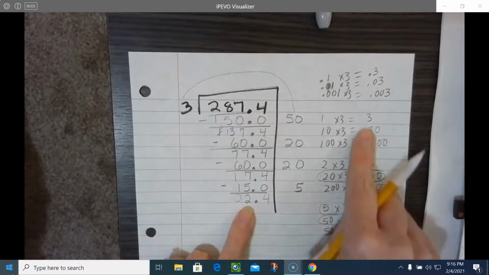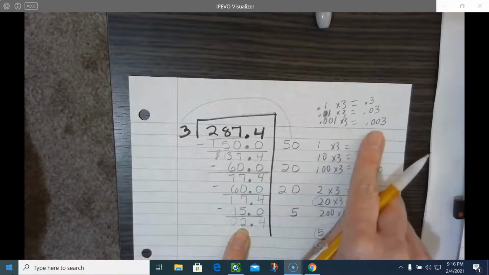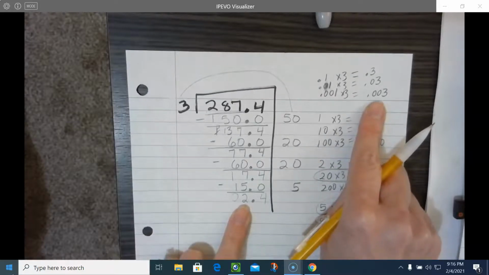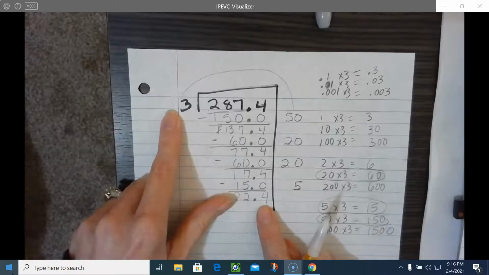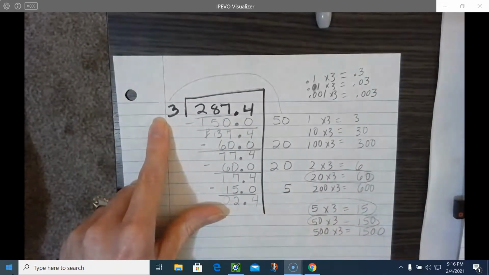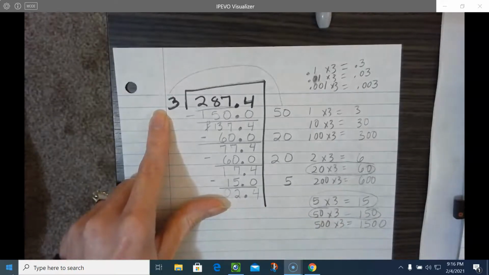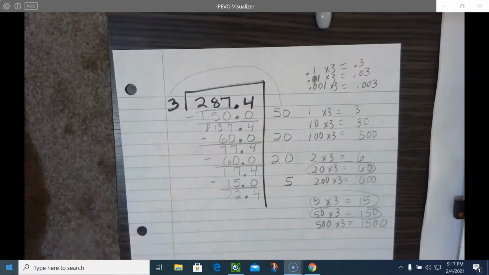Unless I go into these little teeny tiny decimals, which I could do, I'm actually going to use my knowledge of multiplication right now. Once I get down to this point where I could go straight into the decimals, that's going to take me a really long time to do, and I actually did do that on one of my problems, and it took me a really long time to get to that point.